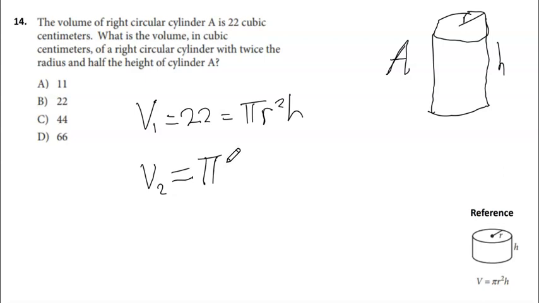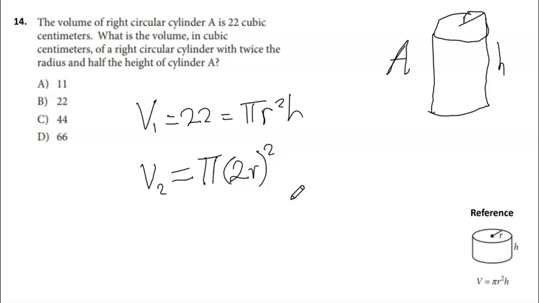You know the general formula says pi r squared h. So here, I'm going to reference this radius. So I'm going to say it's 2 times the original radius, right? That's what I've written here.